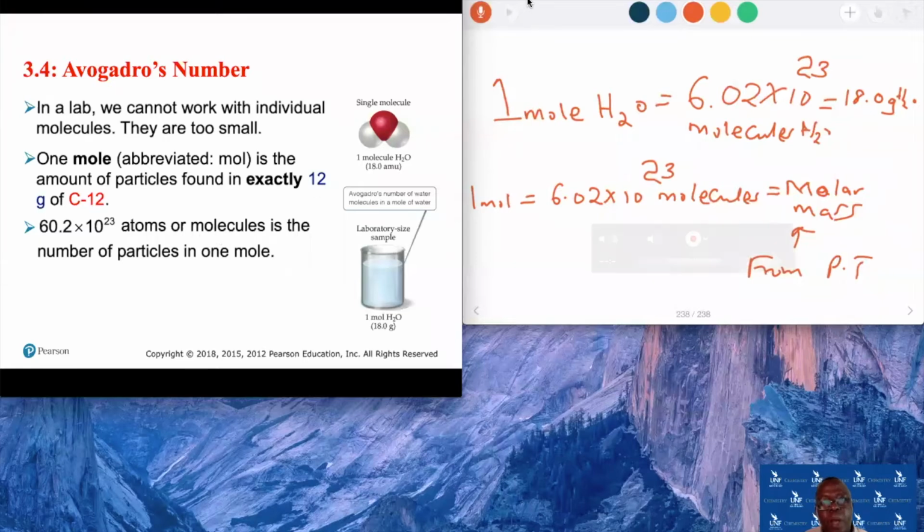Specifically here, molecules refers to molecular compounds. I use molecules here because it is a molecular compound.